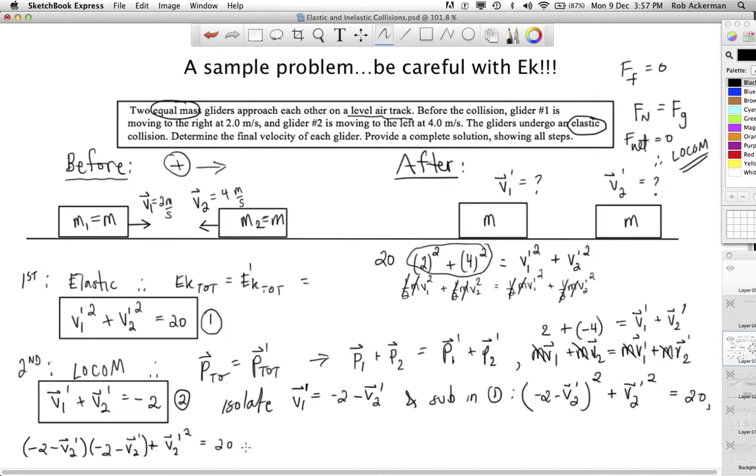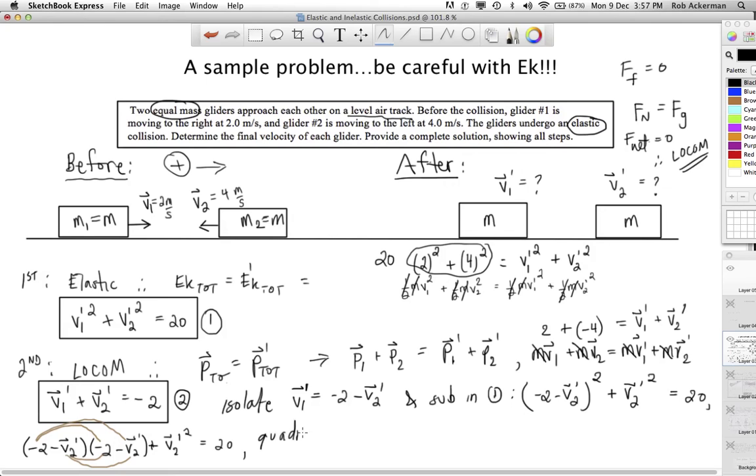Now, how do you solve this? Well, what you have to do now is expand this bracket, this times that, this times that, this times that, and this times that. Don't forget to add this term, and now you've got yourself a quadratic to solve.